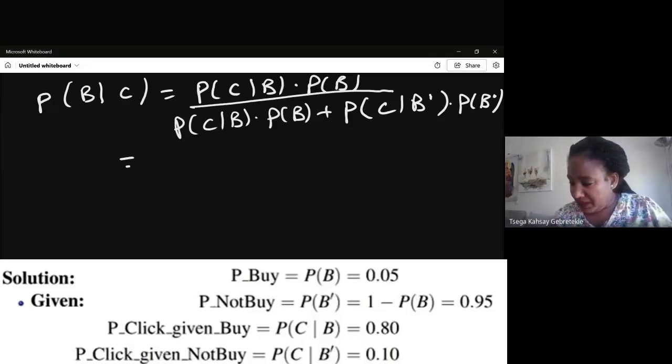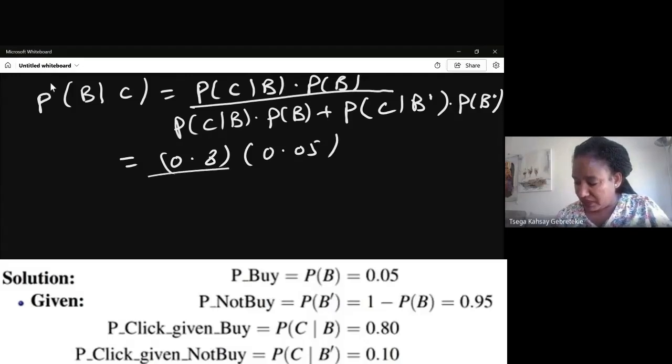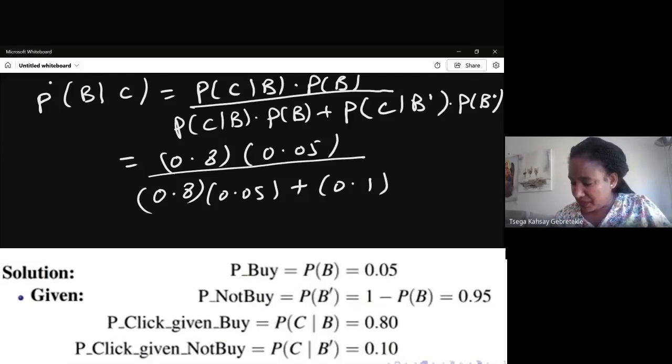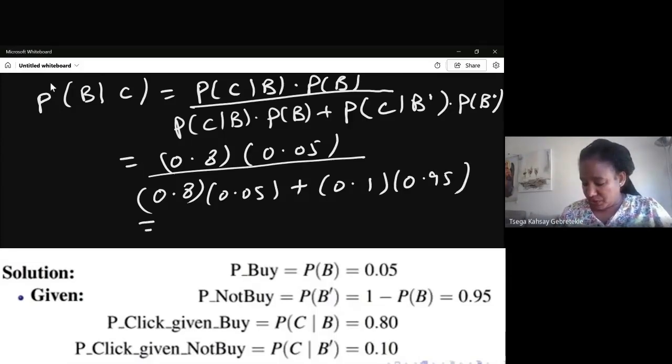Okay, from here, what is given here is 0.8. And probability of B is 0.05 from the given ones, divided by 0.8 times 0.05 plus 0.1 times 0.95. And that expression is 0.296.